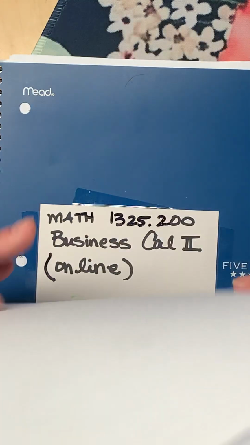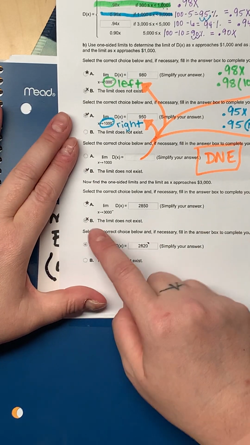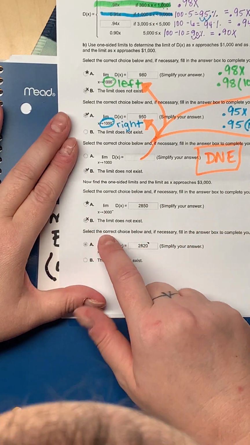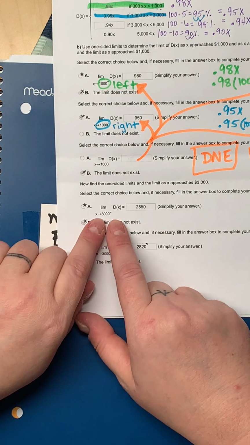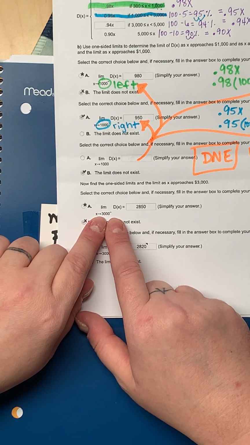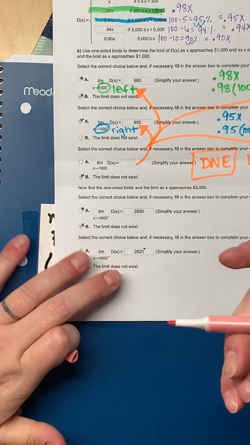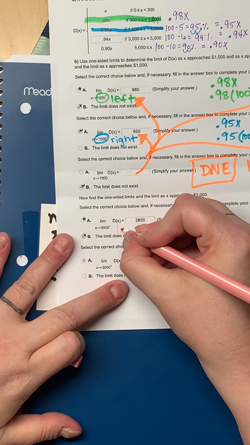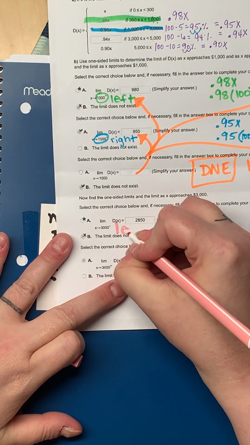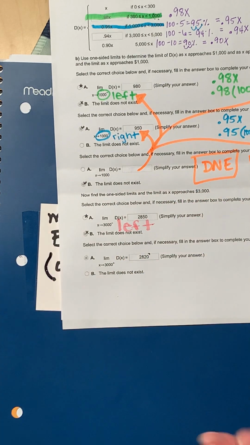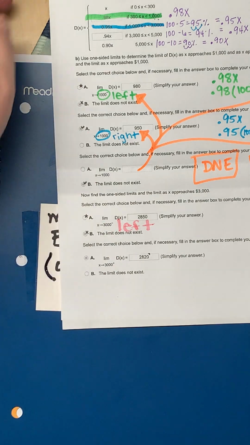Okay, let's keep going. Now it says, I think we're still in B, limit as x approaches 3,000 from the minus, and minus means left. So we're looking for numbers directly to the left of 3,000.